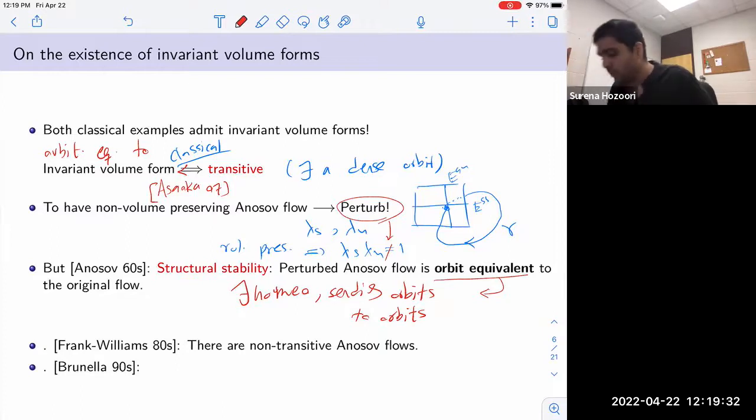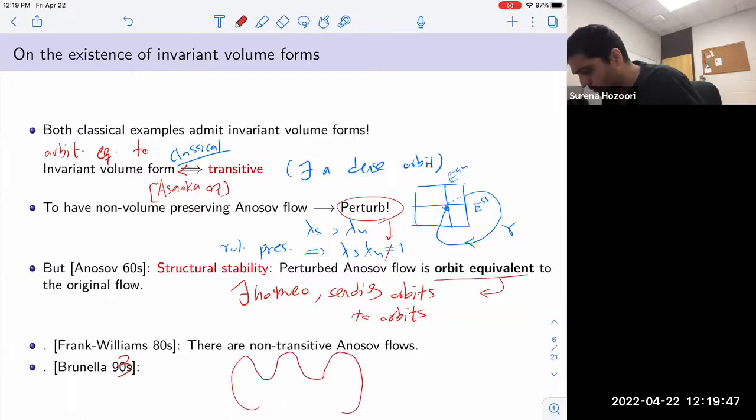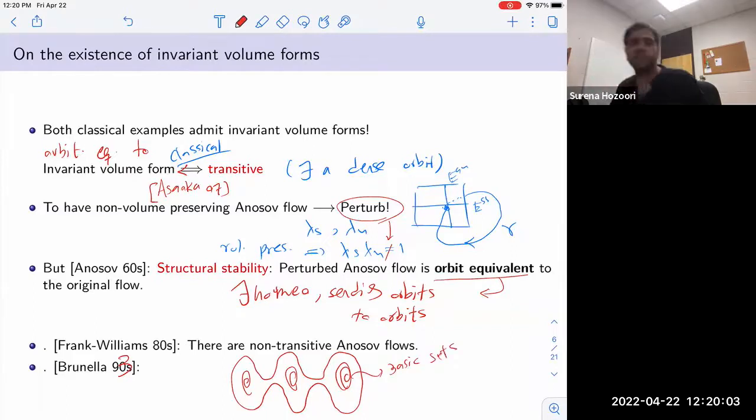Franks and Williams constructed the first examples of non-transitive Anosov flows. And Brunella, in I guess 93, basically showed how we can think of non-transitive Anosov flows in terms of the transitive ones. And that's basically because of this picture. If you have a non-transitive Anosov flow, you have a finite number of basic sets, which means that they're compact subsets of the manifold, where in that compact subset, you have a dense orbit.